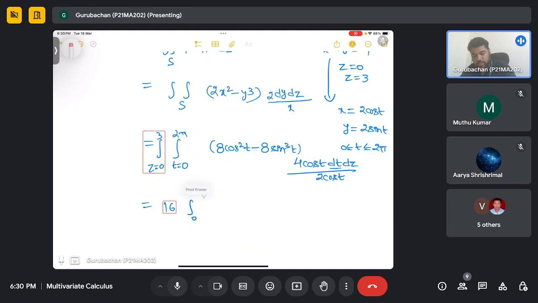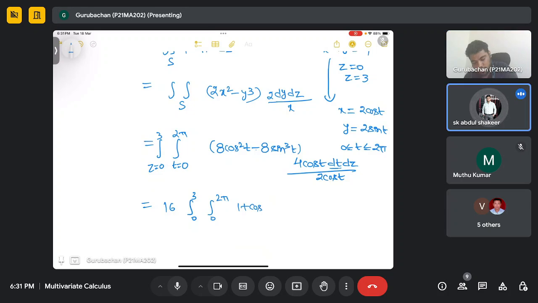So this will be 0 to 3 and cos square t from 0 to 2 pi. How can we write cos square t? 1 plus cos 2t by 2, good.